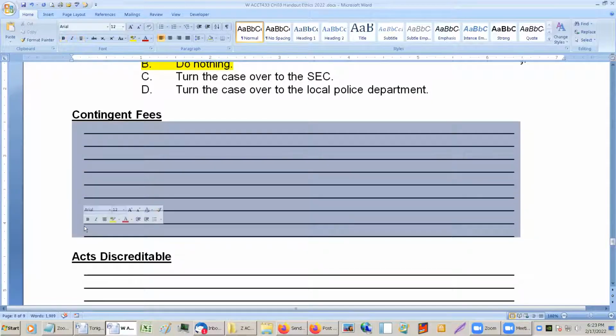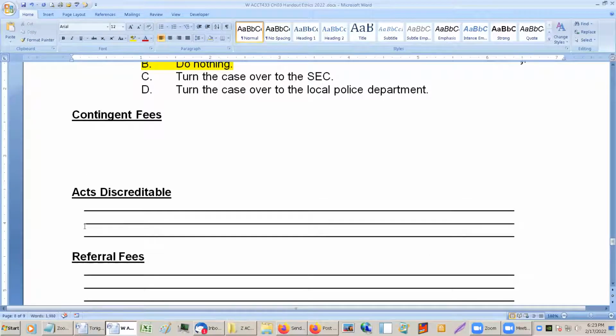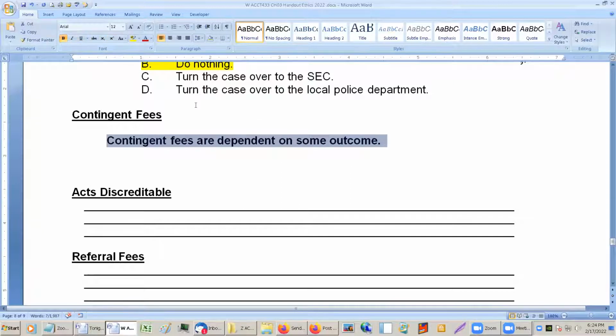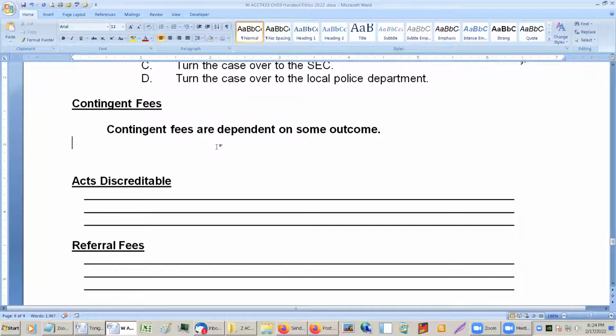Okay, contingent fees. Contingent fees are dependent on some outcome. So something is causing it to be contingent upon something else.